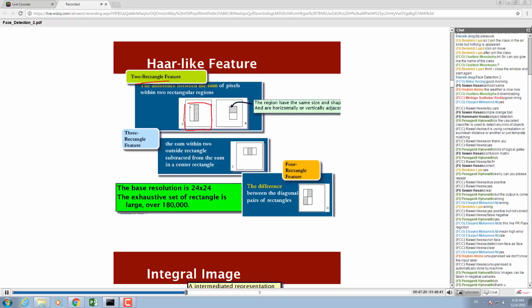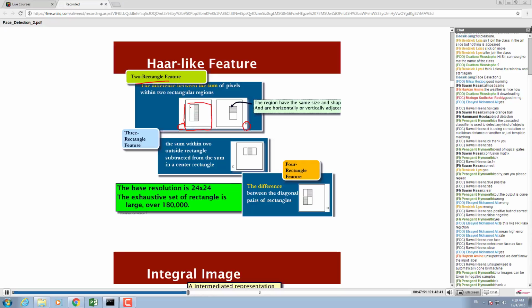Inside this small image, we place, for example, a two-rectangle feature. In case of a two-rectangle feature, we place two rectangles. By the way, one rectangle is white and the other rectangle is black. In case of A, the white and black rectangles are laid out horizontally, white on the left, black on the right.